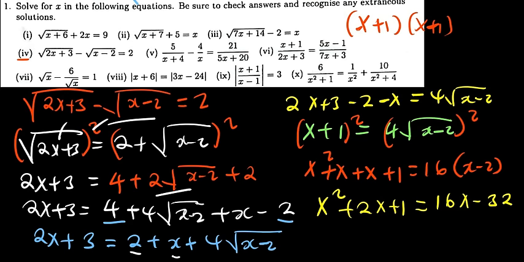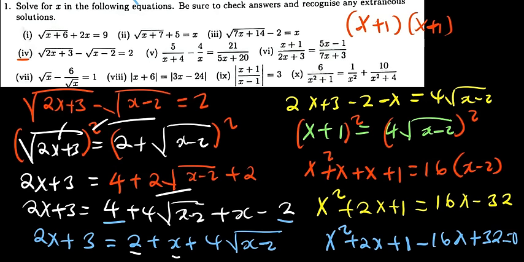What else? I can clearly see that I've got x squared, x, and a number without x. That is definitely a quadratic equation. Shift everything to the left hand side so that I have 0 there. x squared plus 2x plus 1 minus 16x plus 32 is equal to 0.